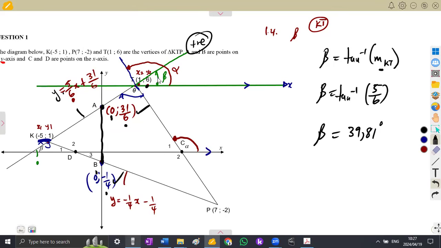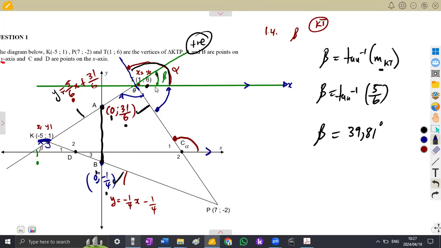So beta is this angle from this point up to this point here, which is 39.81. Why are we even calculating this angle here? The question is, we could have just calculated the alpha because the alpha is covering here, then subtract from 180 to find this angle that we are having here.